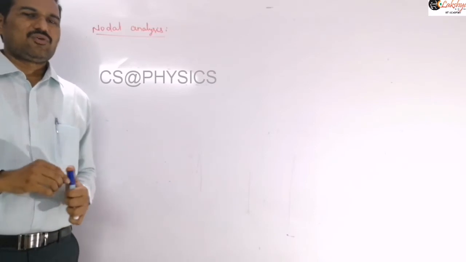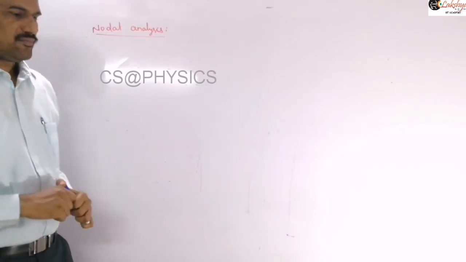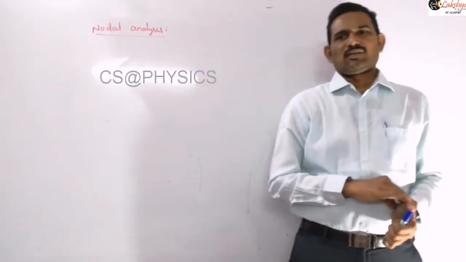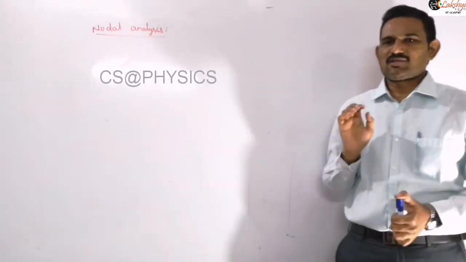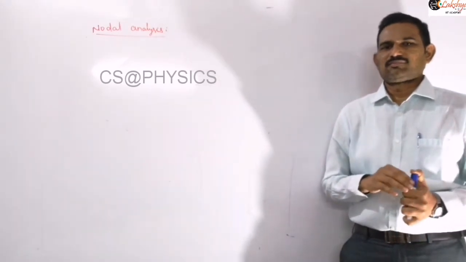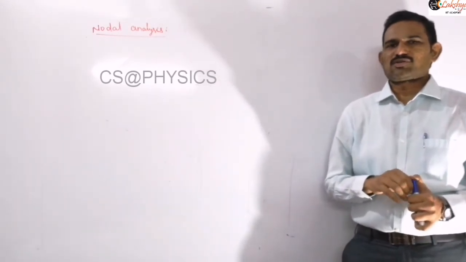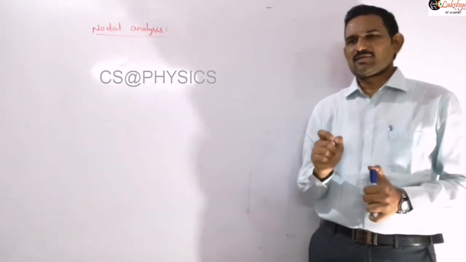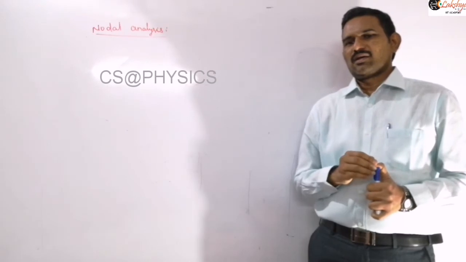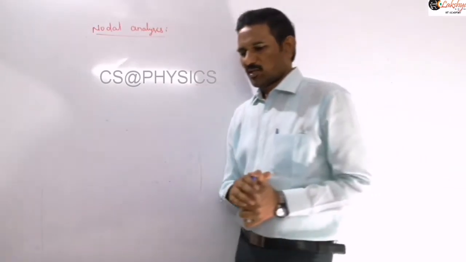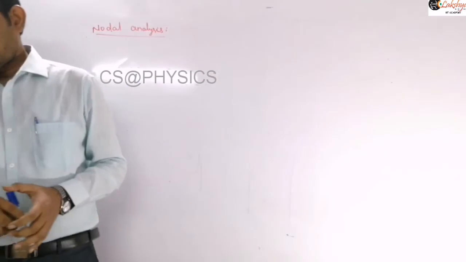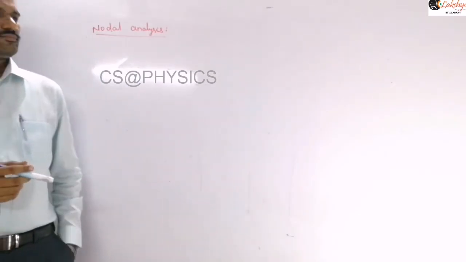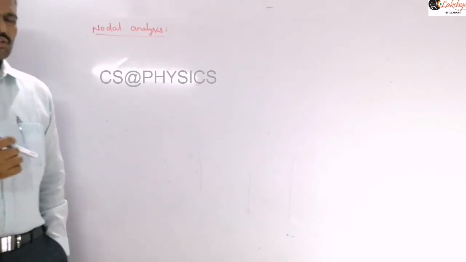we take any one of the nodes as reference. A reference in the sense whose potential is taken to be 0. That is, one of the nodes is assumed to be grounded.